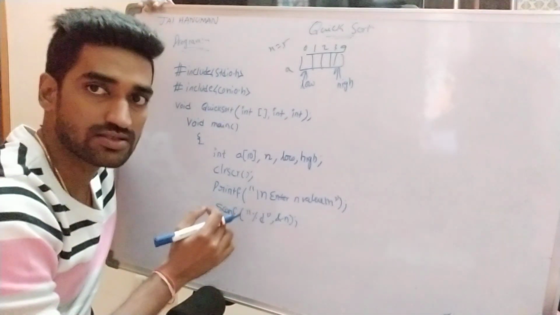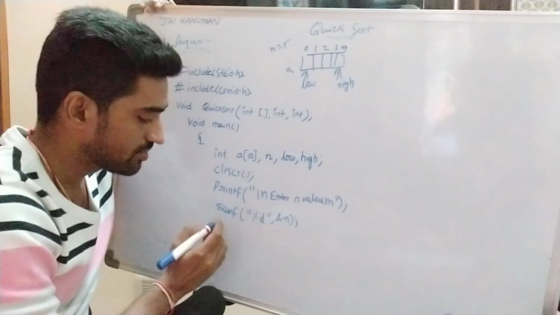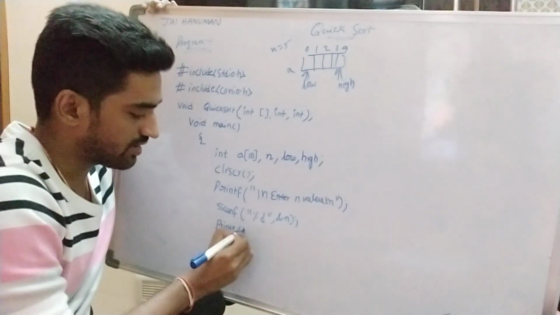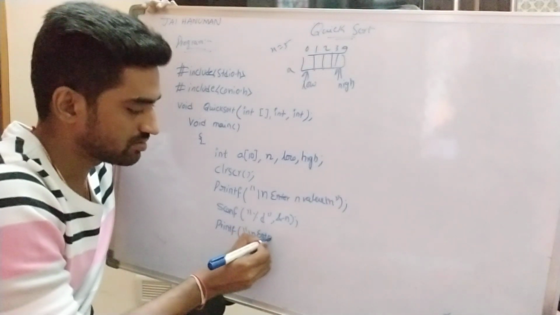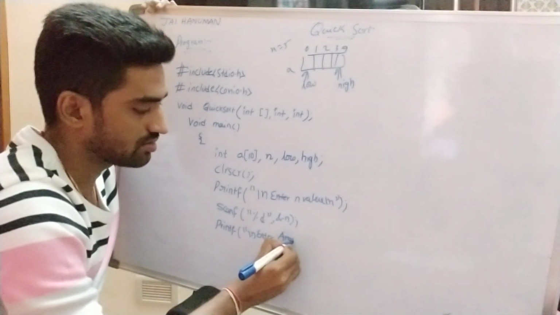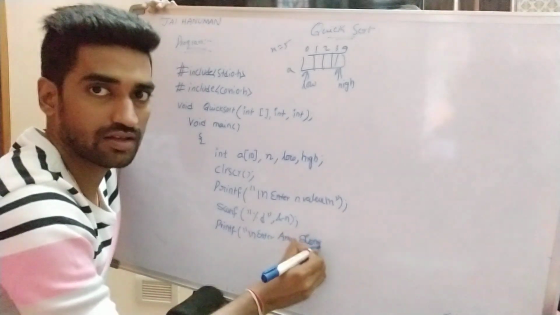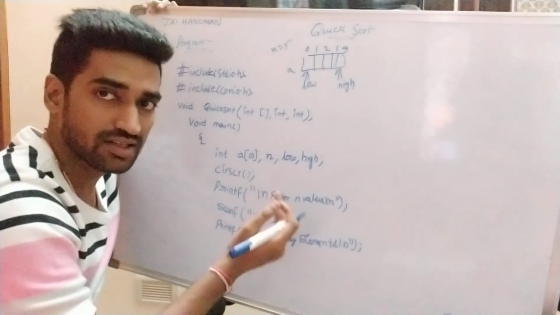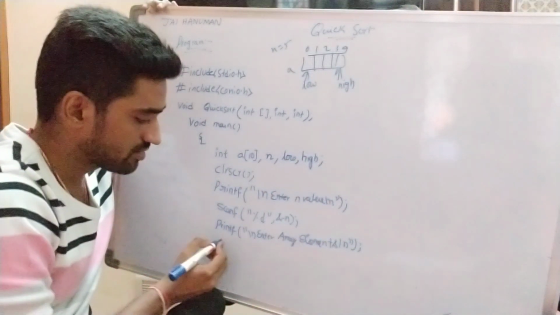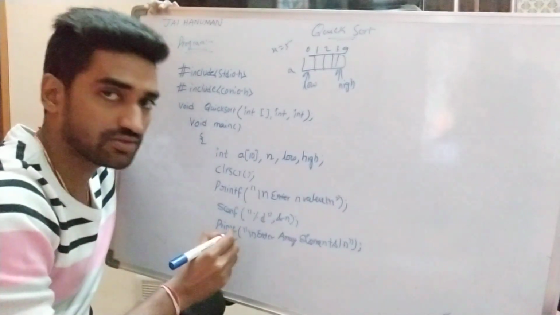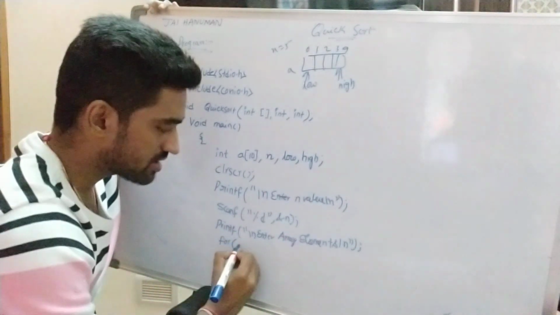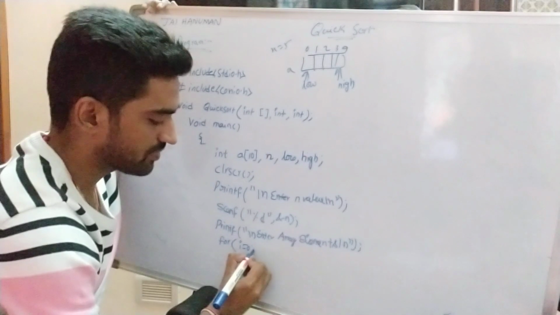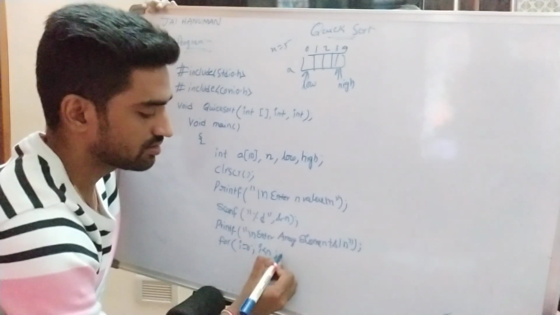After reading the n value, we enter elements into the array. That is a repetitive operation, so for that purpose I am considering a loop. Here printf enter array elements. \n is a backslash character constant which defines the new line character. Here I am performing the same operation repetitively, so I am considering a loop. The loop starts from 0 to less than n: i is equal to 0, i less than n, i plus plus.